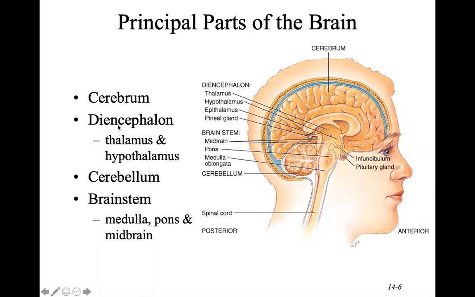The diencephalon, that's thalamus, hypothalamus, epithalamus, anything with thalamus in it. And we'll also find the pineal gland in there as well, which is right back here. Don't confuse the pineal with the pituitary. They are neurological, but also part of the endocrine system as well. Then the brainstem, from inferior to superior, is the medulla, the pons, and then the midbrain.